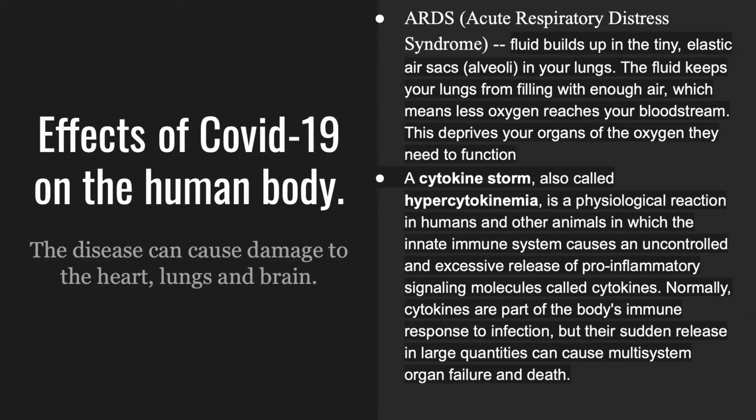Okay, so the final point here is, follow the pointer, their sudden release, if there's too many of these cytokines being thrown off, come in large quantities, and they can cause multi-system organ failure and death. Basically, your own immune system causes your organs to fail because they are just in hyperdrive and going wild.